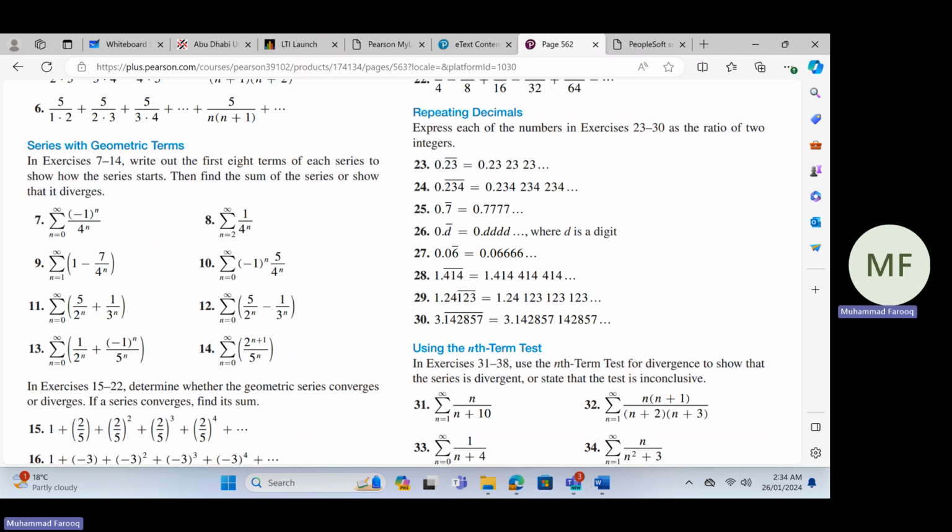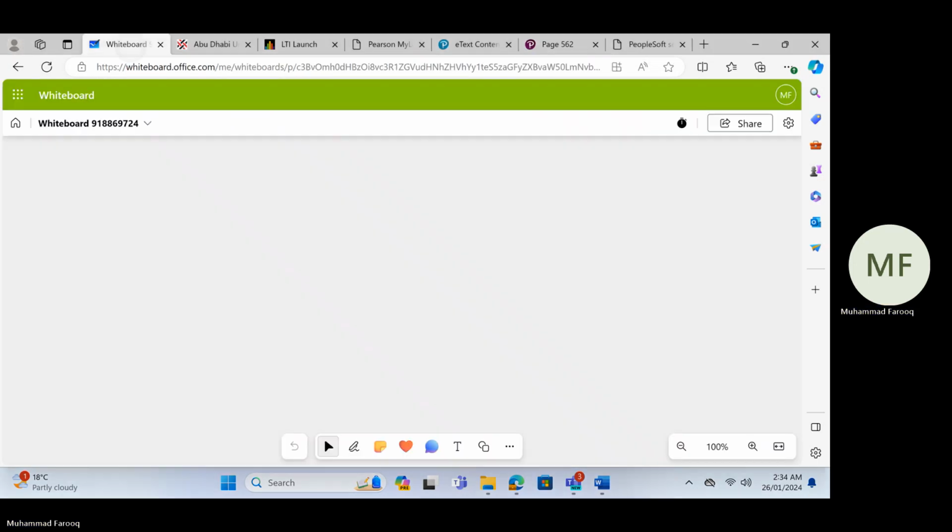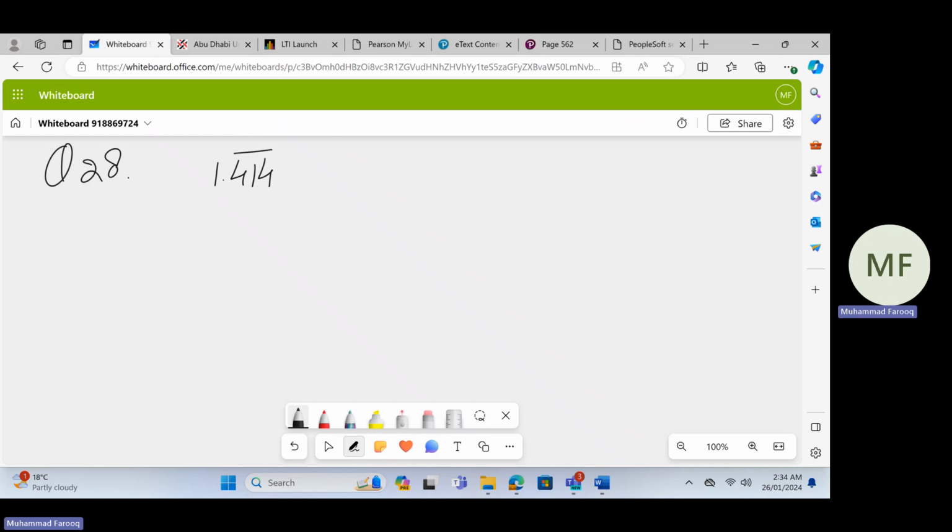Okay, let's start with question number 28, 9.2. It is 1.414 with a bar, which means you have 1.414, 414, 414, and of course it continues.